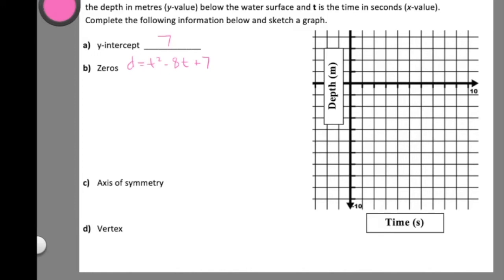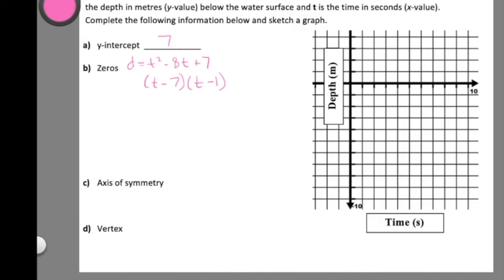So the factored form of this would look like t minus 7 and t minus 1. Remember that our x's are going to be the opposite of what are in the brackets here.